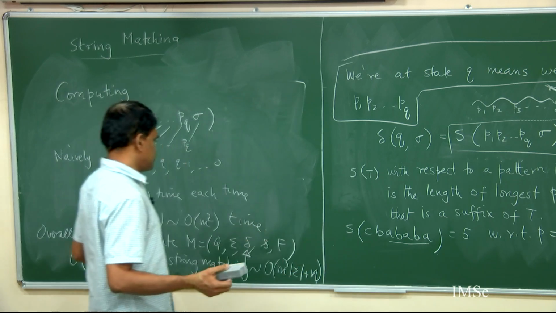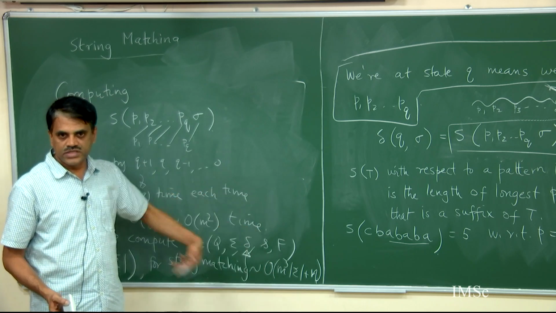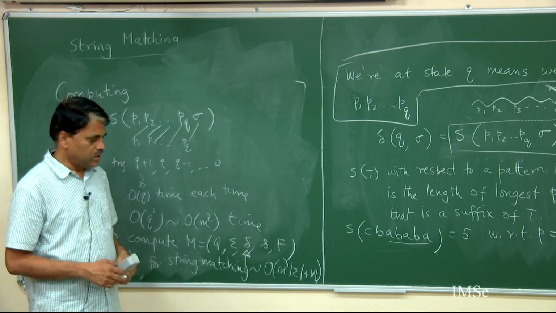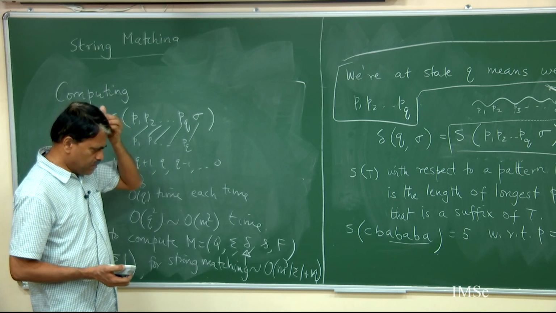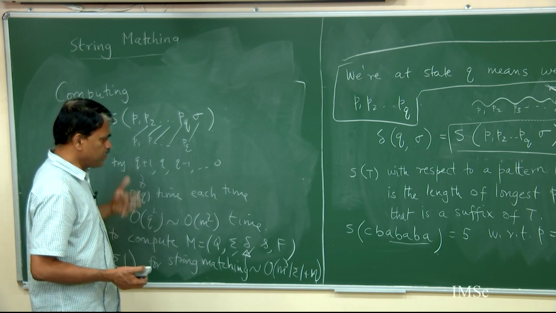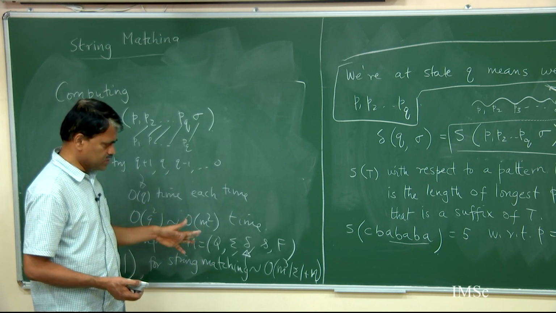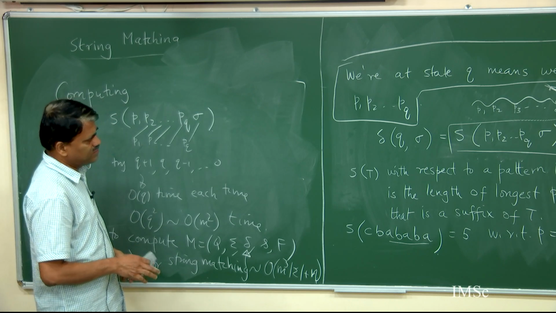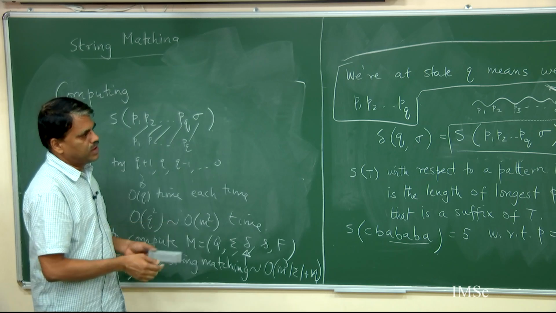At least there is some improvement. We started off with a naive mn algorithm. This gives you an m cubed sigma plus n algorithm. You can actually compute the DFA in m sigma time, but we will move on because I am going to give you a better algorithm anyway.